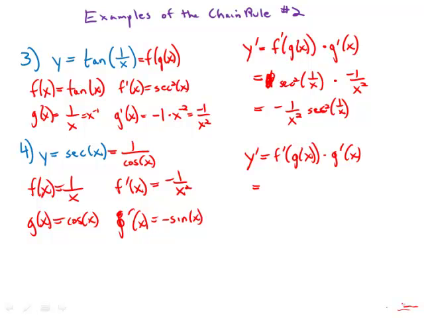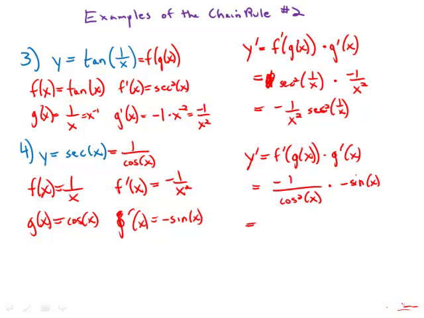F prime of g of x, this is going to be negative 1 over g squared. So negative 1 over cosine squared times derivative of g, which is negative sine x.